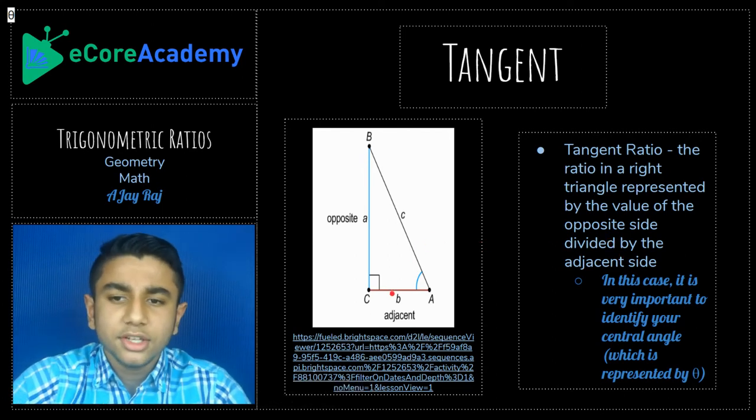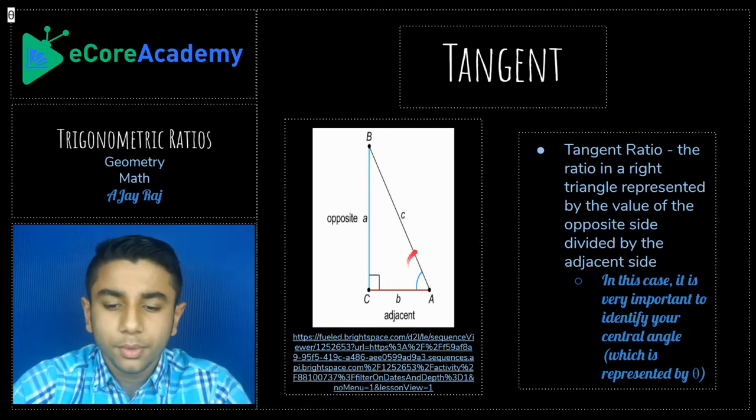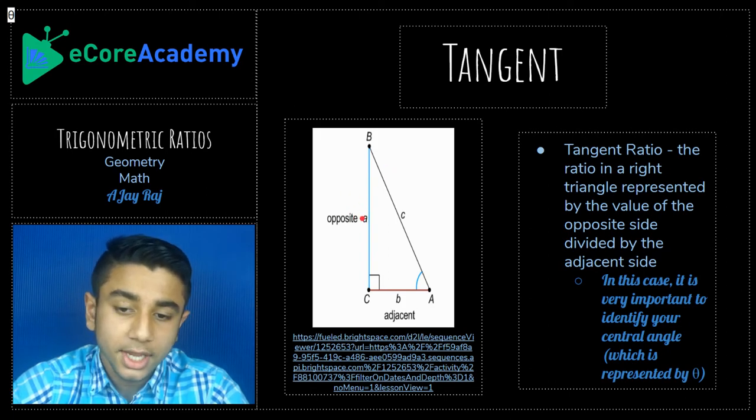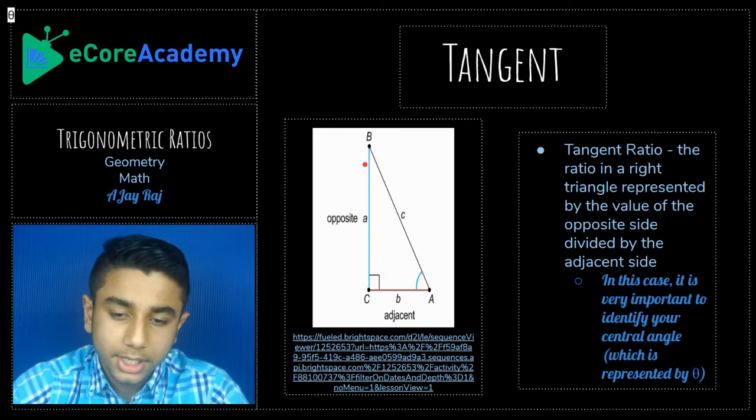Now this tangent ratio, as I said, depends on what angle you're using, because if you're taking angle B here, for example, the opposite side A would actually be your adjacent side, and this adjacent side would actually be the opposite side of angle B. However, referring to angle A, as you can see here, it's indicated as the central angle.